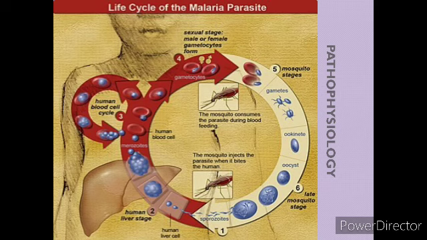When they attack the red blood cells, some multiply sexually to form gametocytes. When these immature gametocytes, that is the male and the female, are formed, a mosquito will come again and consume the parasite. So that is the immature gametocytes.